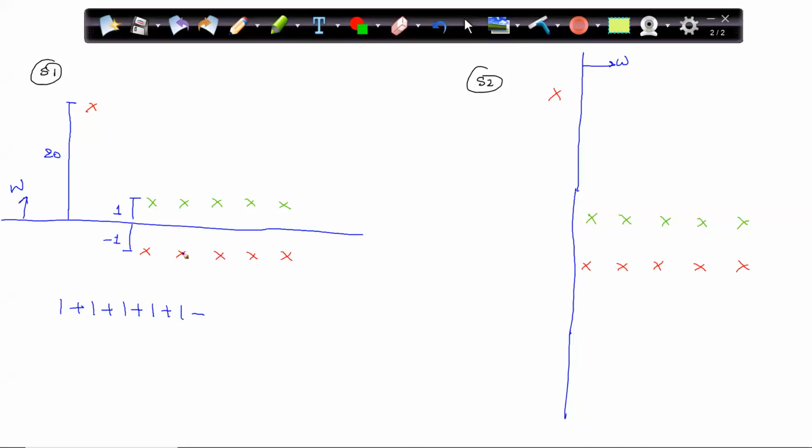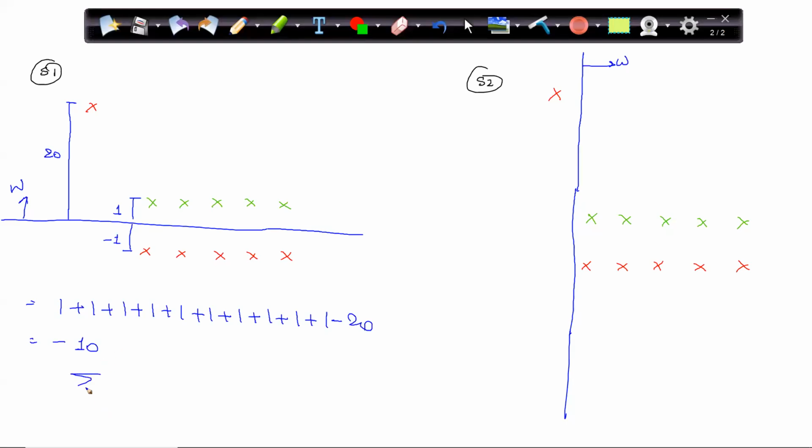And then this is also +1, right? -1 into the direction is opposite, point is negative. So +1 each, 1, 2, 3, 4, 5, 1, 2, 3, 4, 5. But what about this guy? This guy is 20 into minus 1, which is minus 20. And when I sum it up, it is going to give me minus 10.